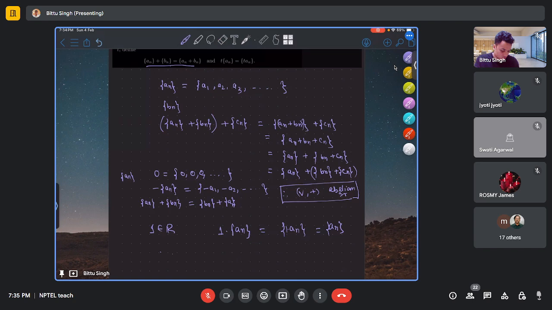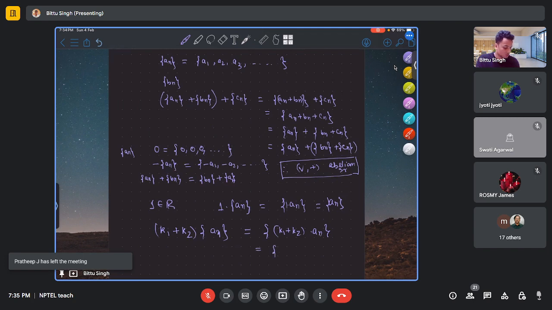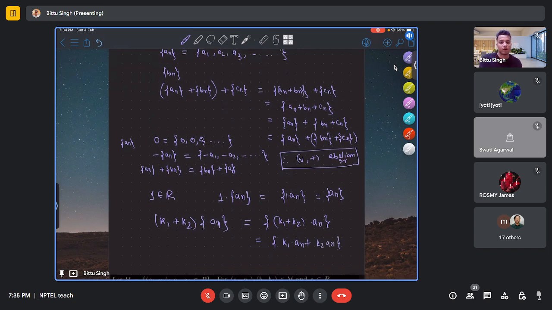That is, take two scalars k1, k2 and multiply with an. It will be the same as k1 plus k2, then an, but this is the same as k1 times an plus k2 times an by the distributive property of real numbers.